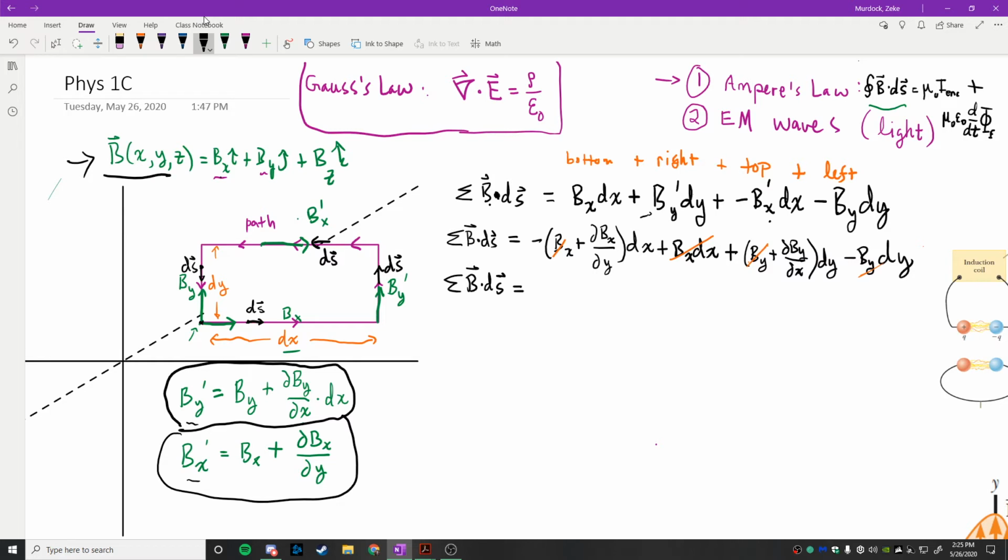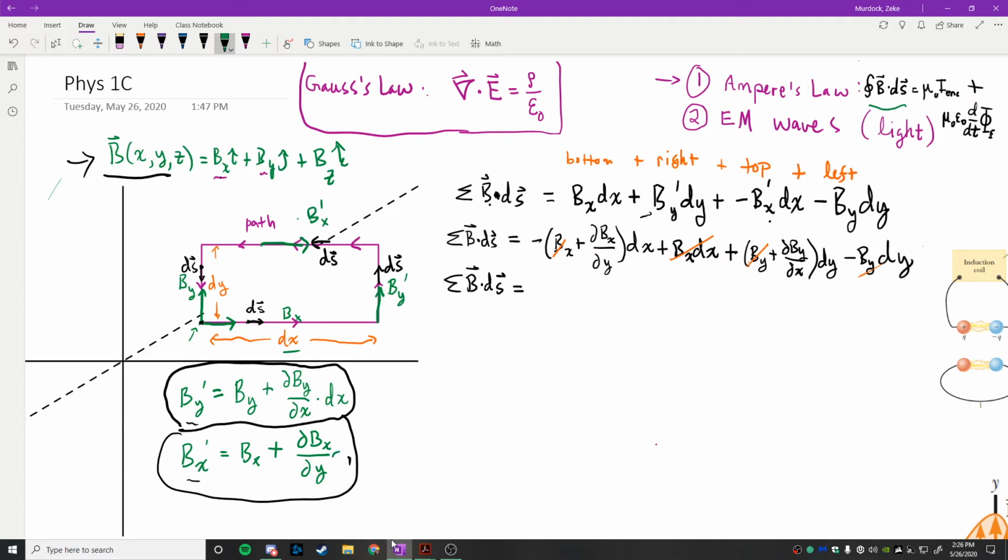I've got del bx del y that's negative, and I've got a del by del x that's positive, right? I left something out. Do you guys see what I left out? I left it out right here too, actually.